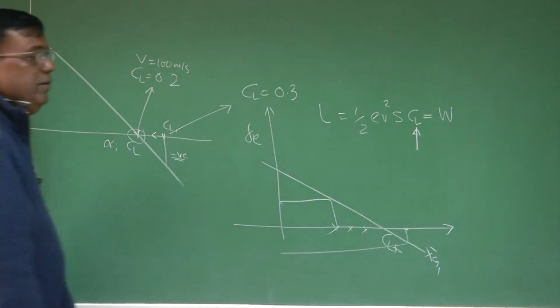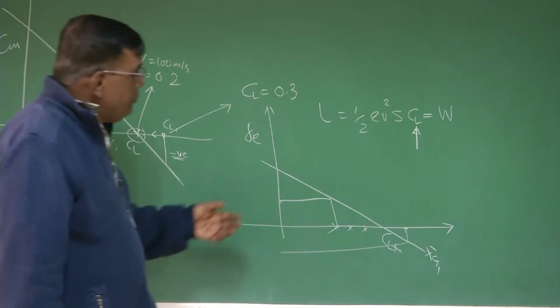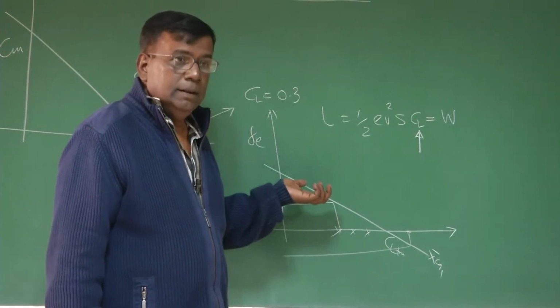You have a different value of delta E required. So, if the pilot wants to fly the airplane at different CL, how should I develop a feel for him? He needs to develop a feel.